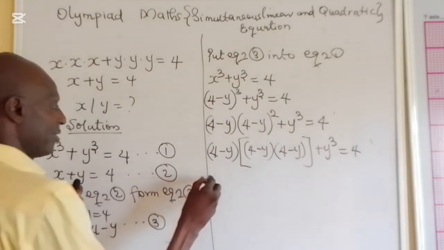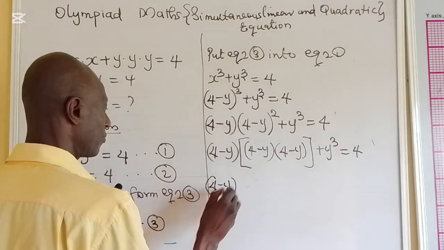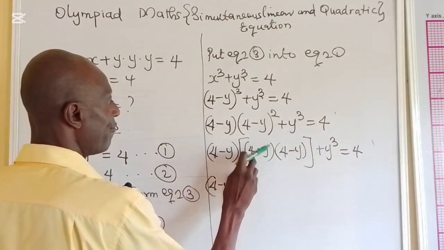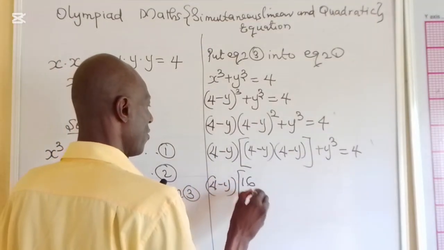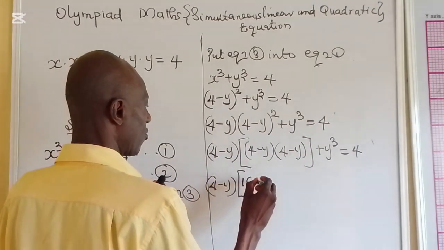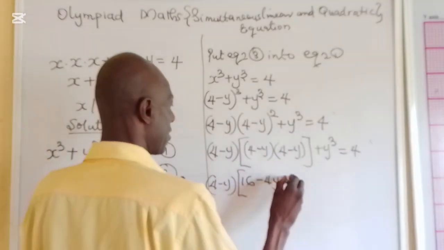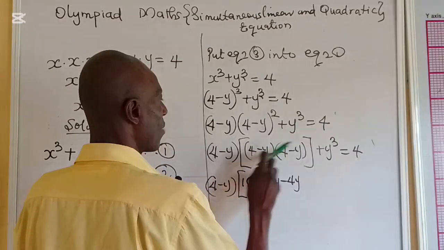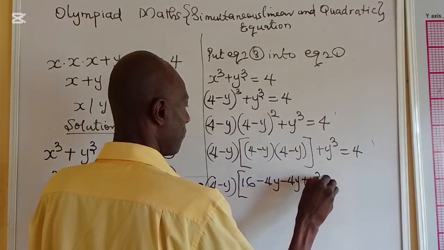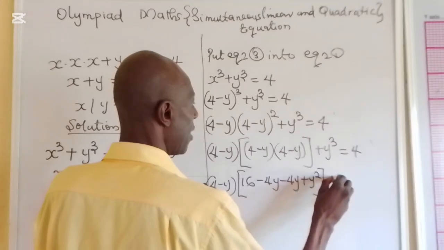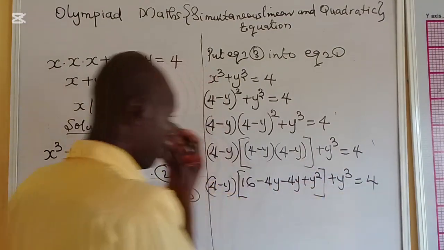Let us expand here. 4 times 4 is 16. 4 times minus y is minus 4y. Minus y times 4 is minus 4y. Minus y times minus y gives us plus y squared. Then plus y raised to the power of 3 is equal to 4.